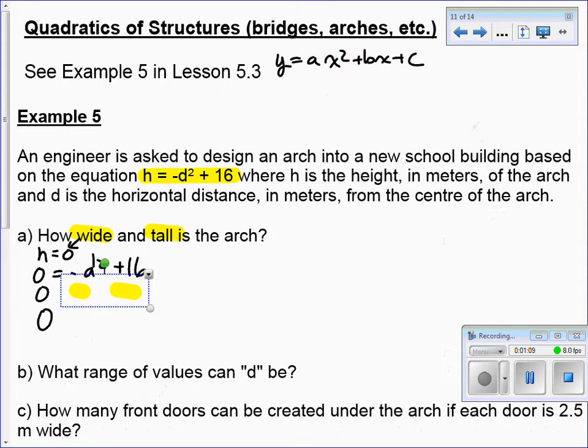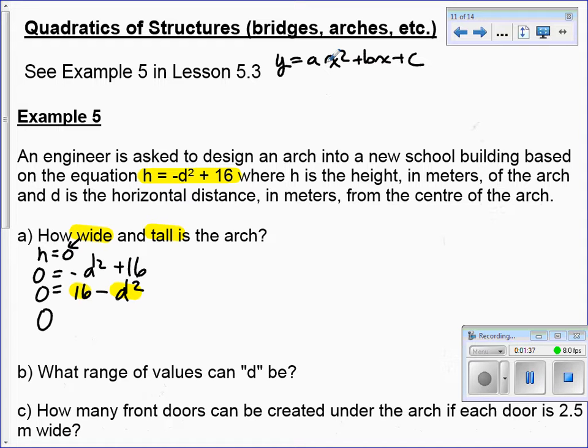The first thing I want you to realize is that we can rearrange that equation: 0 equals negative d squared plus 16, which is 16 minus d squared. Now that I've highlighted those two, you'll notice I have two perfect squares: 16, which is the perfect square of 4, and d squared, which is the perfect square of d.